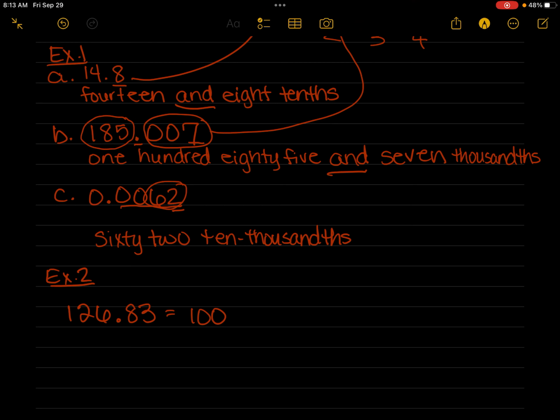So we have 100 plus 20 plus 6. So that's all before the decimal, right? This is 100, this is 20, and this is 6. And then after the decimal, we're going to have point, and then we have 0.8 and 0.03, 3 hundredths. Okay, so this is 8 tenths and 3 hundredths.